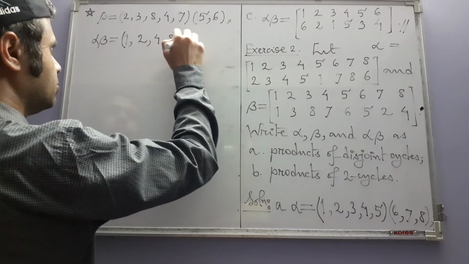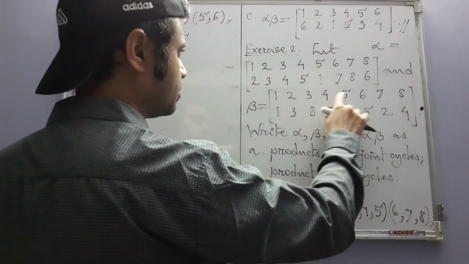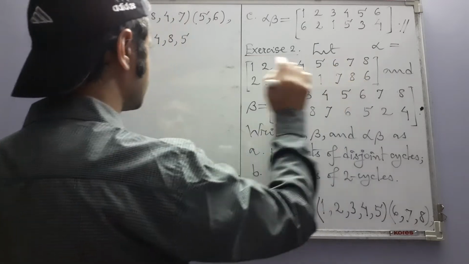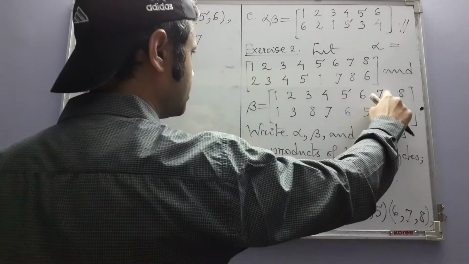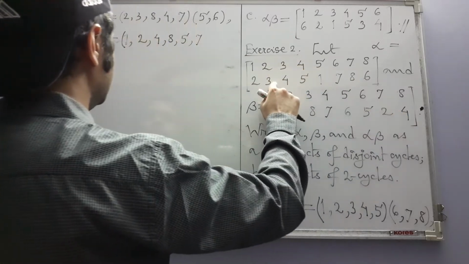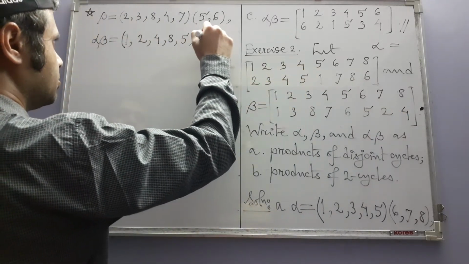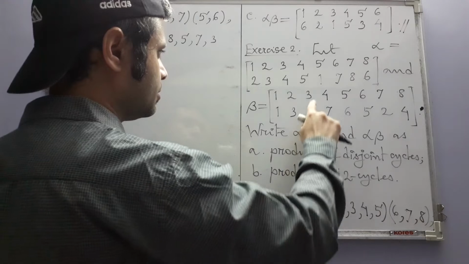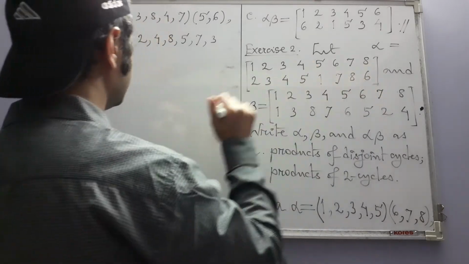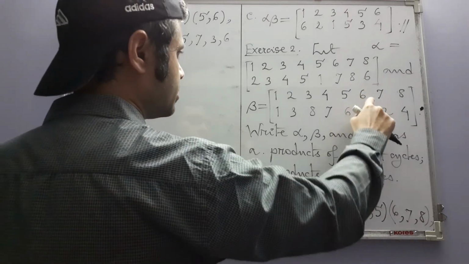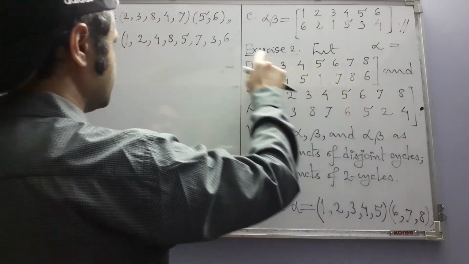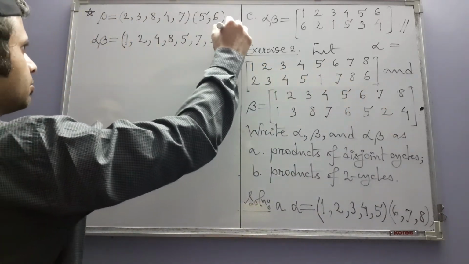So 8 to 5. 5 to 6, 6 to 7. 5 to 7. 7 to 2, 2 to 3. So 7 to 3. Then 3 to 8, 8 to 6. 3 to 6. 6 to 5, 5 to 1. So that means 6 to 1.